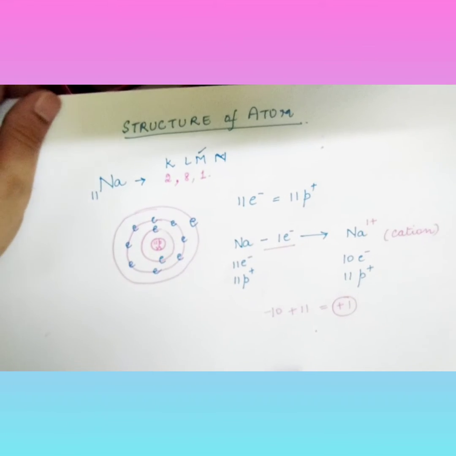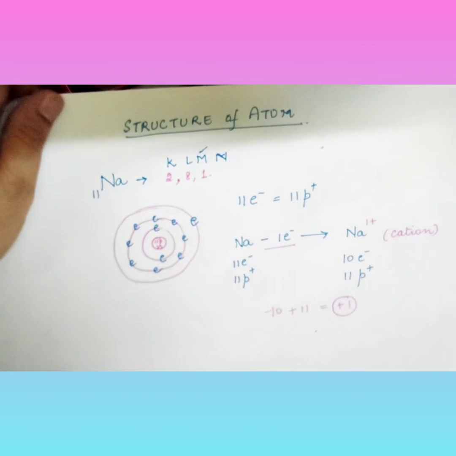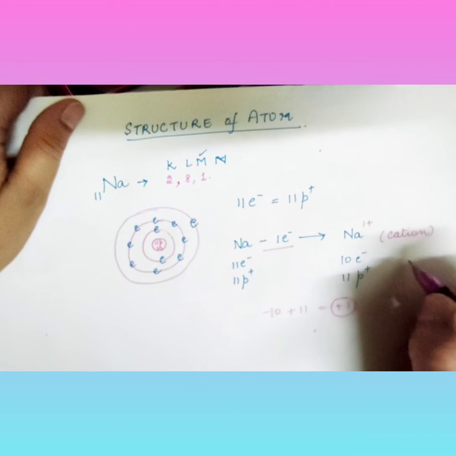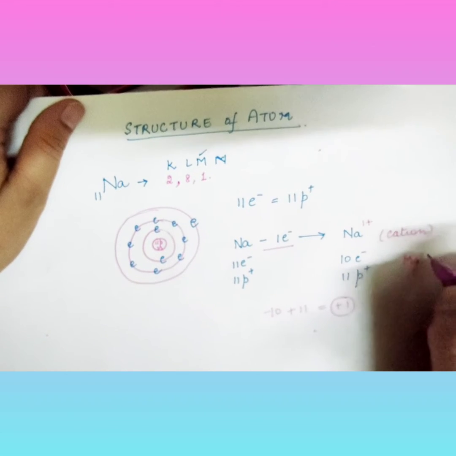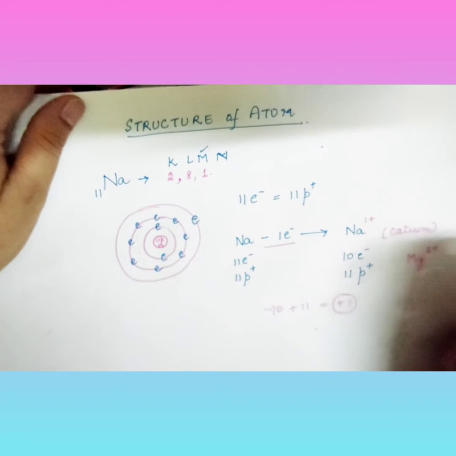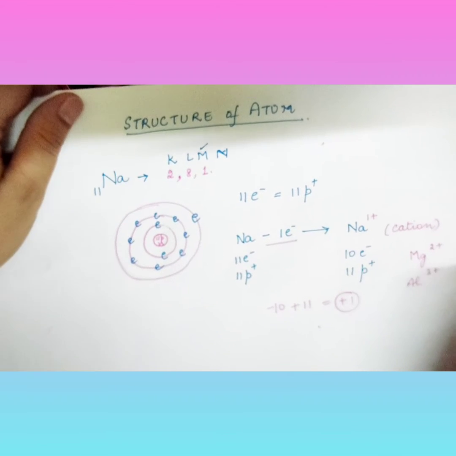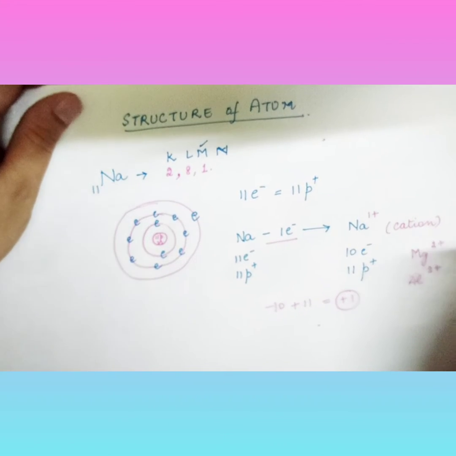Similarly, aluminium atom has 3 electrons in its M shell, so it loses 3 electrons and becomes aluminium 3 positive. We get magnesium 2 positive by losing 2 electrons, we get aluminium 3 positive when it loses 3 electrons.